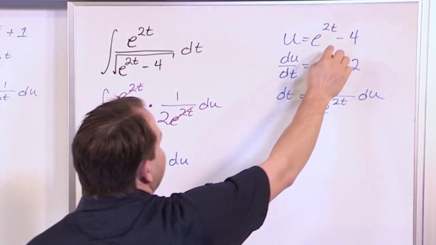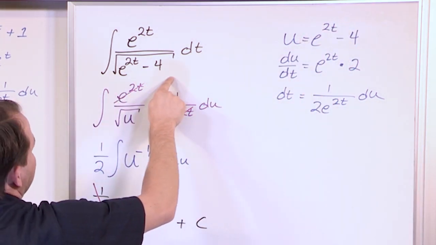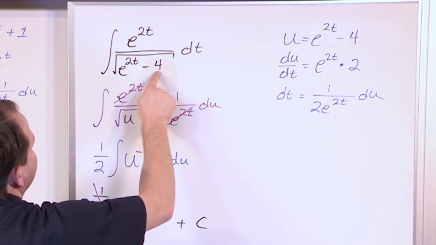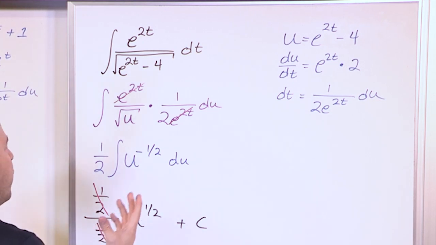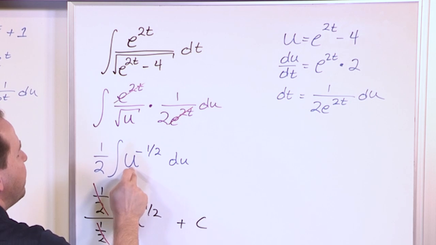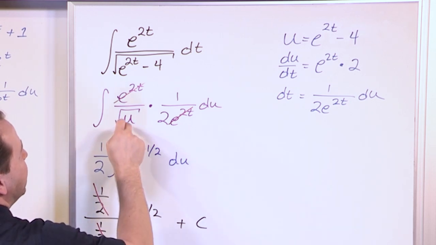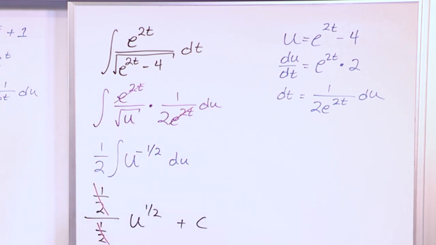But if we actually chose u to only be e to the 2t, then this would actually be different down here. It would be square root of u minus 4 if we chose u to be e to the 2t only. So what you would have left here is 1/2, but then you'd be integrating u minus 4 all raised to the negative 1/2 power.